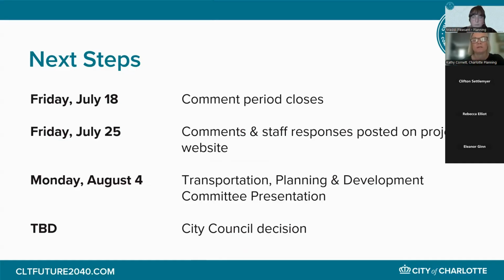The reason for not adopting both of those items really is, with the implementation plan, by adopting it, it doesn't commit any funds. That's a separate process. And also it allows us to update it as projects are completed, as prioritization might change, as other funding becomes available.